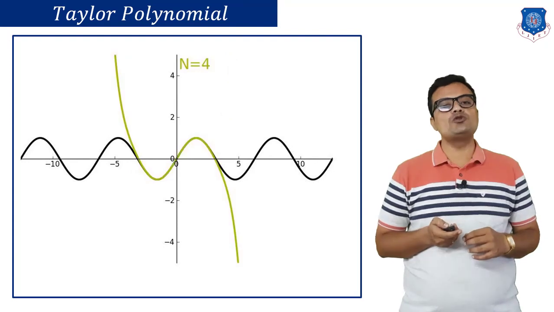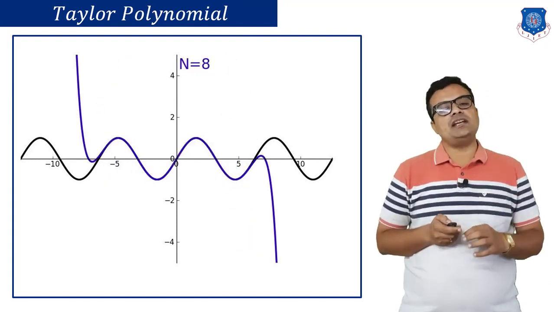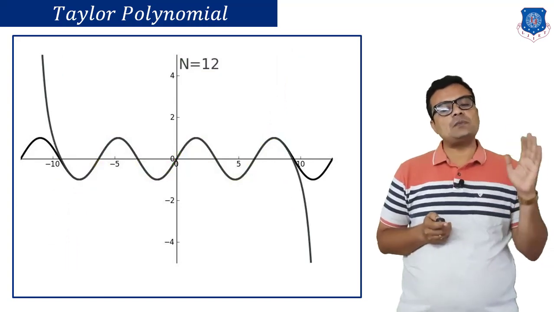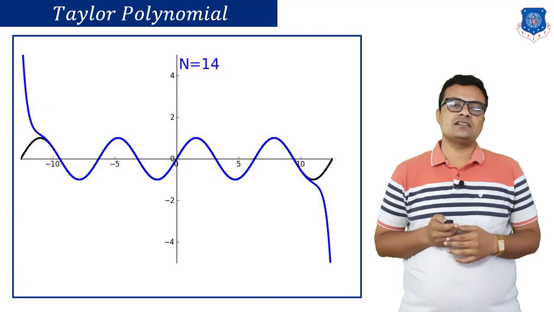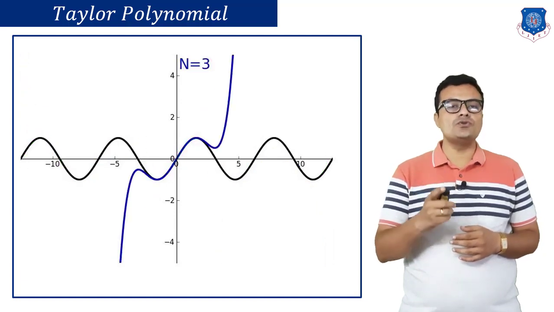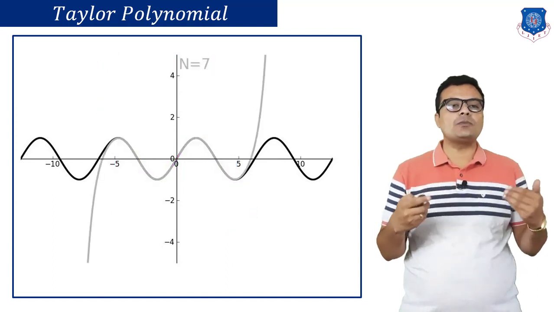Now let us move to its graphical representation. For example, if I take f of x as sin x, and if I expand it through the Taylor series, then by taking n equal to 1, 2, 3, 4, it will give you this kind of approximation.